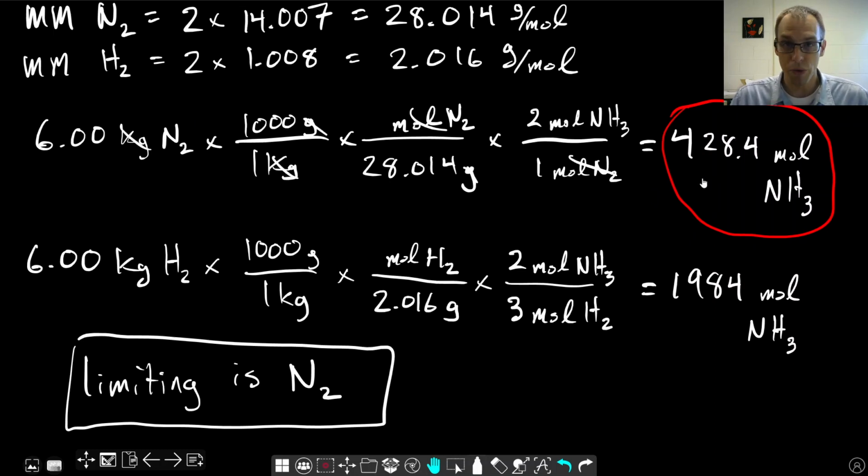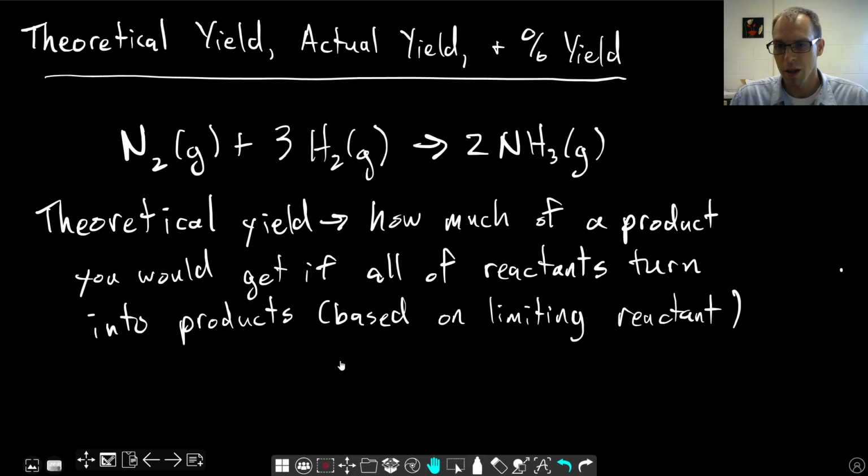You can express it in moles. It's often expressed in grams. So either one will be correct. You just need to make sure you specify which units. Usually in a question like this, you'll be asked to give this in a specific unit, whether that's moles or grams. So that would be the example of a theoretical yield.